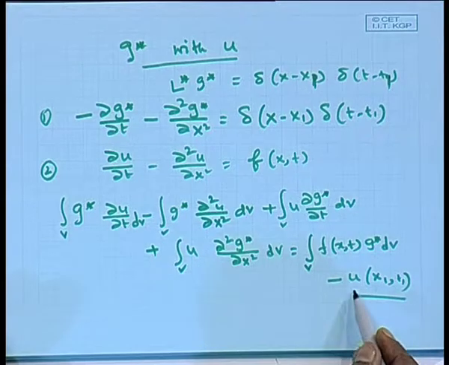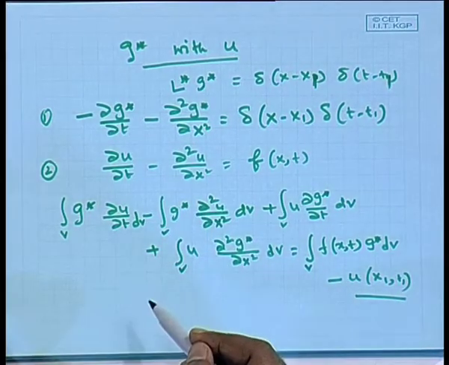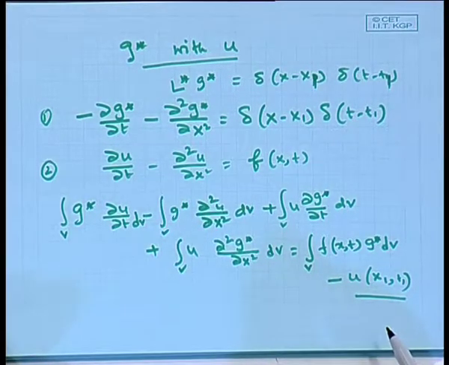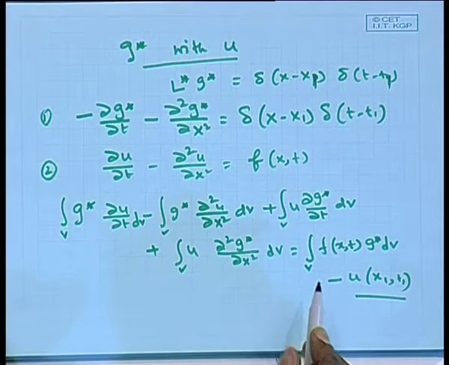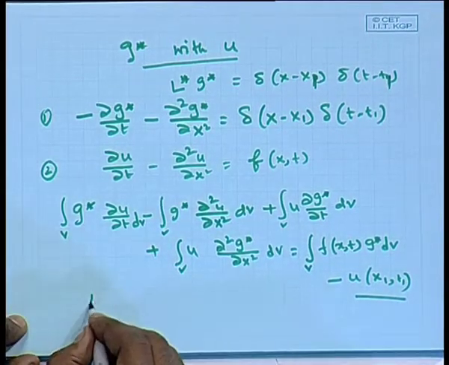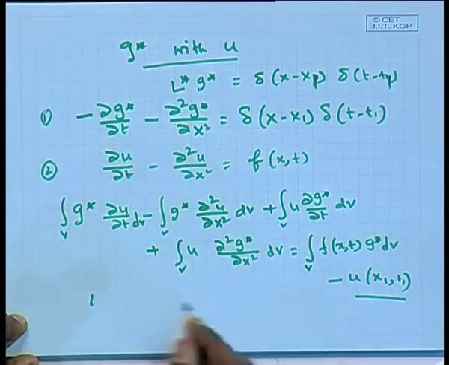So you can evaluate all these integrals and get u as a function of x1 and t1. Let us simplify all this. It is basically the whole left hand side.